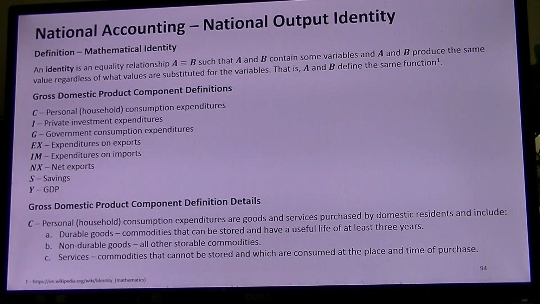The equal sign is 2 lines, but an identity is 3 lines. And so the difference is that A and B contain some variables, and A and B produce the same value regardless of what values are substituted for the variables. That is, they define the same function. And what's different is the function is on both sides.